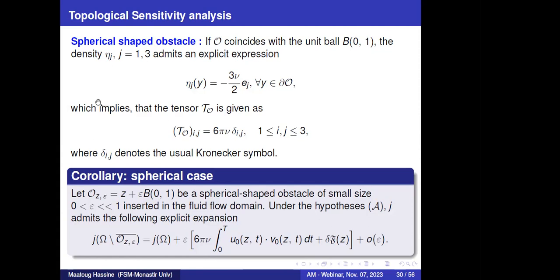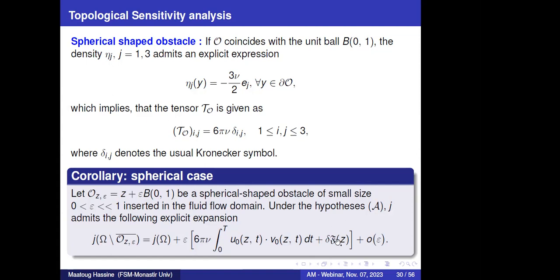The visco moment tensor is known explicitly, and we obtain a more explicit asymptotic expansion. So we will prove that for a small spherical shaped obstacle, the variation of the design function satisfies this asymptotic expansion.